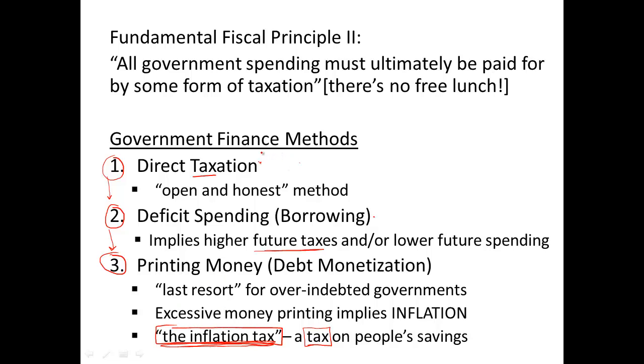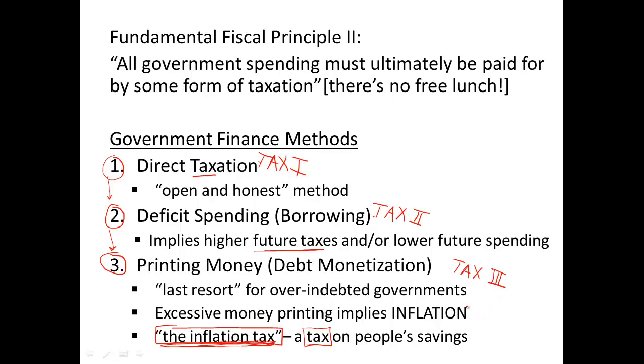And what I like to do is label this. Tax 1: tax me now. Deficit spending, Tax 2: tax me later. Or inflationary finance, printing money, debt monetization, Tax 3: tax the purchasing power of my money.